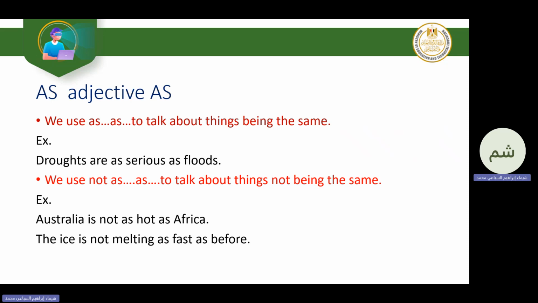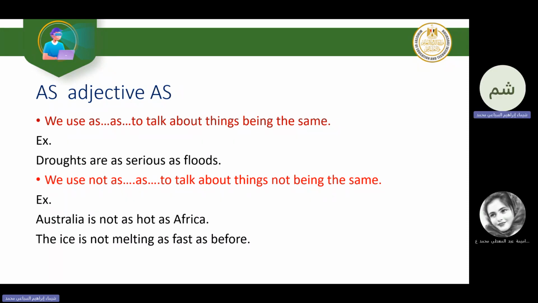For example, if we have two serious problems like droughts and floods, how can we talk about these two? We are going to use as, adjective, as, because they are the same. Droughts are as serious as floods.